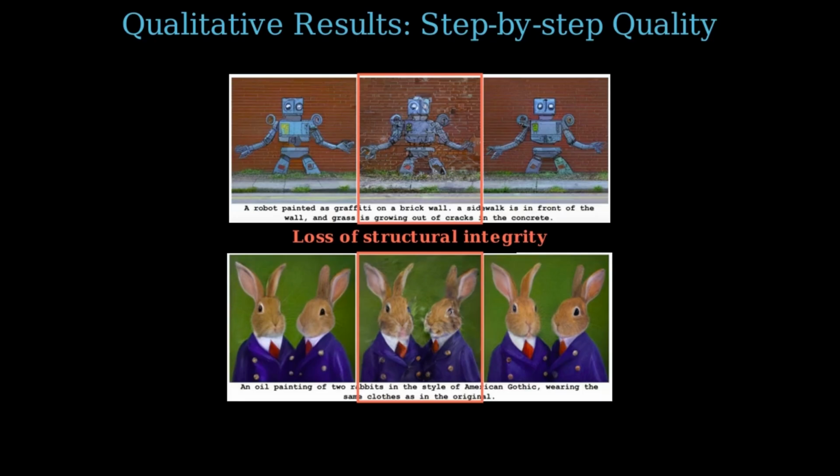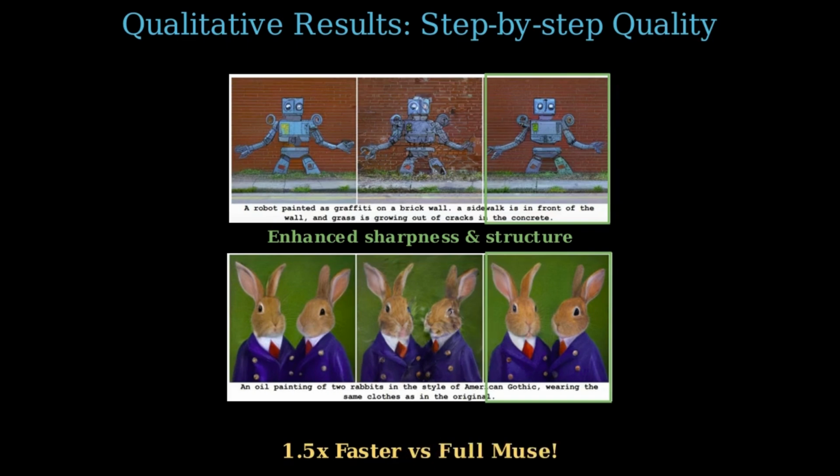When we look at broader evaluation sets, such as these detailed robotic figures or the intricate clothing on these rabbits, the limitations of previous methods become even more apparent. The early exit Muse model suffers from a severe loss of structural integrity, producing blurry and ill-defined outputs when forced to generate quickly. In stark contrast, Markov Gen effortlessly maintains enhanced sharpness, high fidelity, and correct structural proportions.